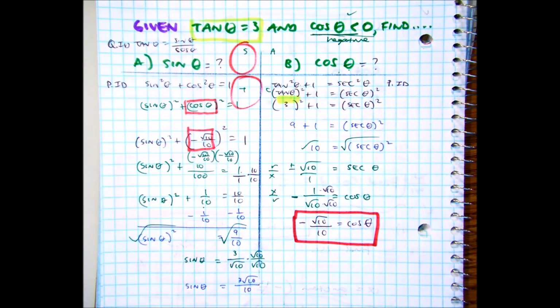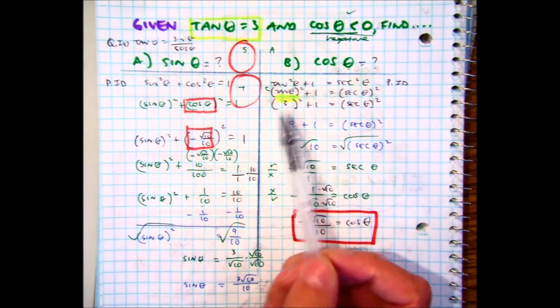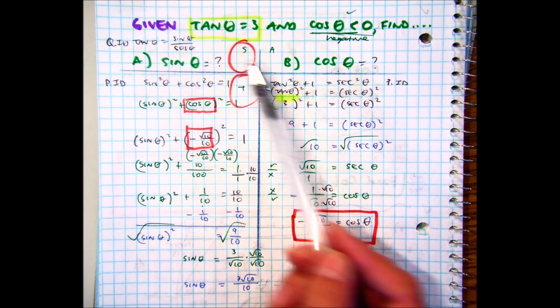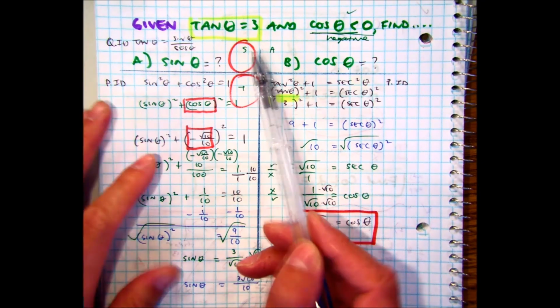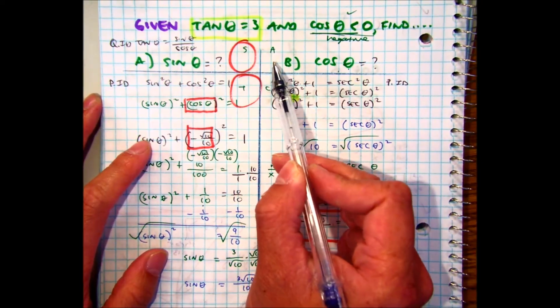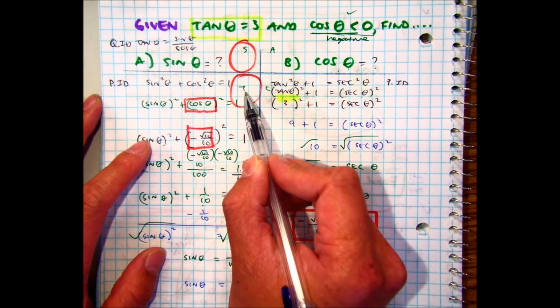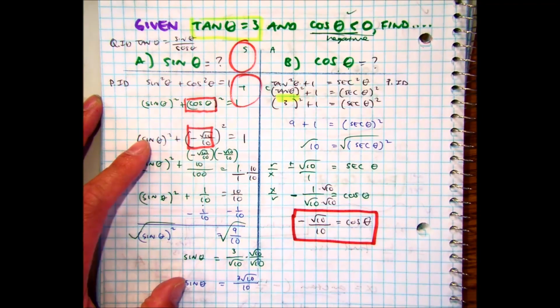Do you guys see that? Now, it doesn't tell us where. I know that sine here is positive, and I know that sine here is negative, and I'm not quite sure which one.